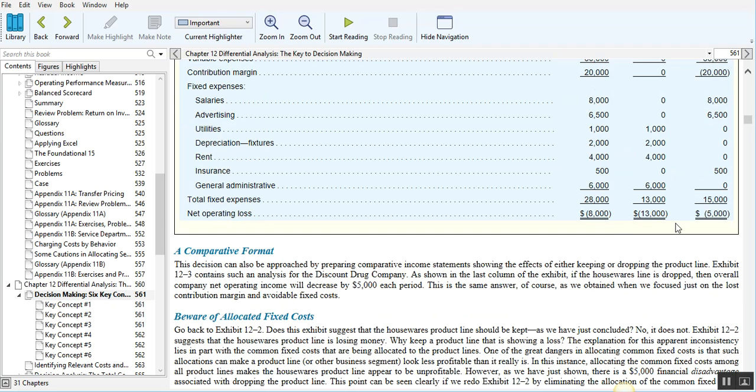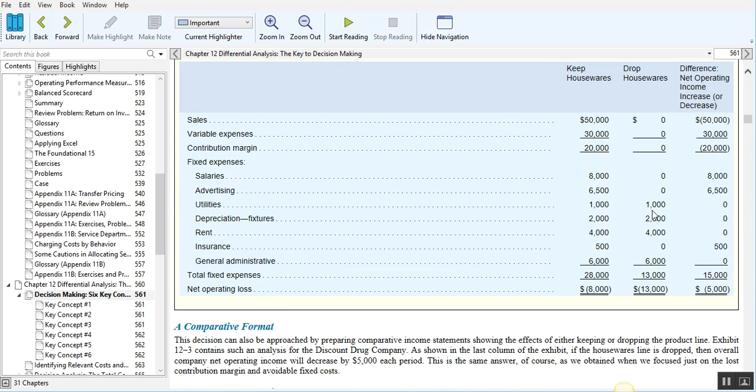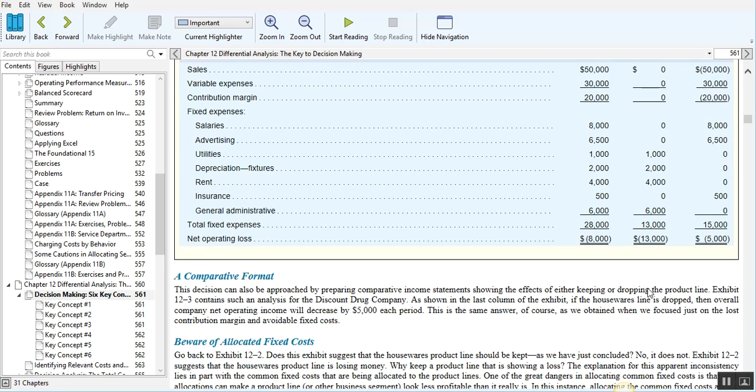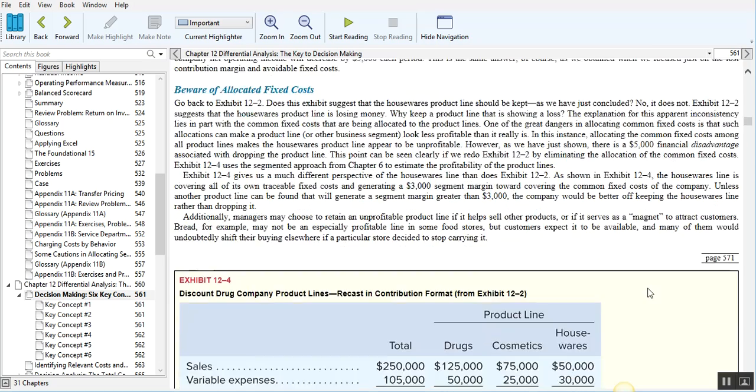And you can see what would happen to the financial statements here if we did drop that product line. If we drop housewares, we're in the hole by $13,000. If we keep it, we have a loss of $8,000, but we're not as far into a loss as we would be without housewares because the contribution margin helps.